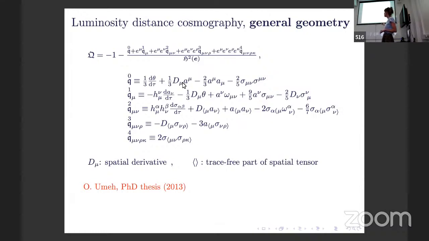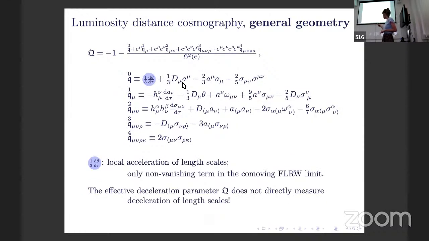So I will just talk about some of the most important terms that enter in this hierarchy of multiples. Here, the first term in the monopolar contribution to knots is given by the derivative of the expansion rate in time.